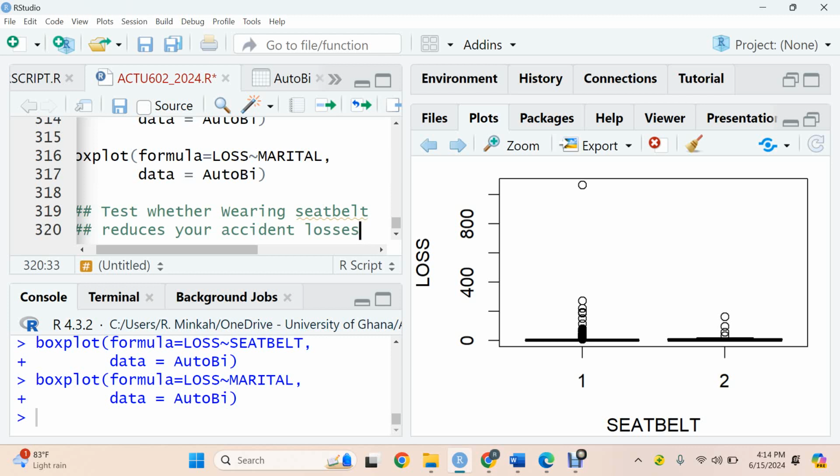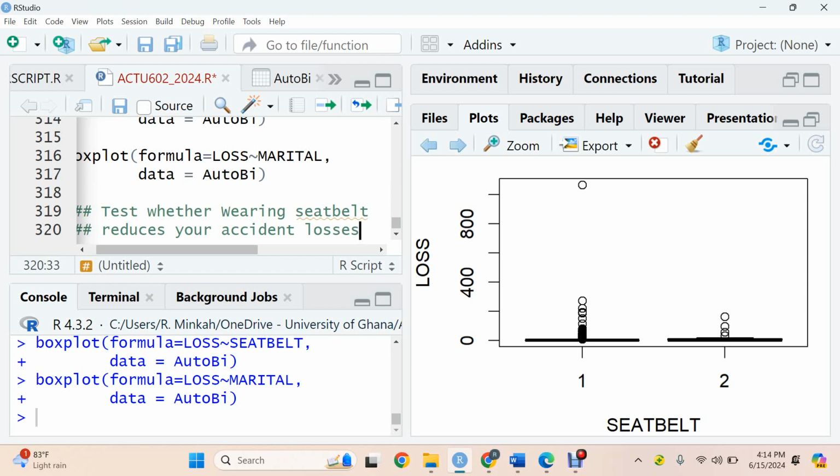That's what intuitively you would say: if you wear seatbelt, you expect that when there is an accident, if it is injury, they say it is a mean of wearing seatbelt, right? So if I subtract that of those who were not wearing seatbelt, what will happen?